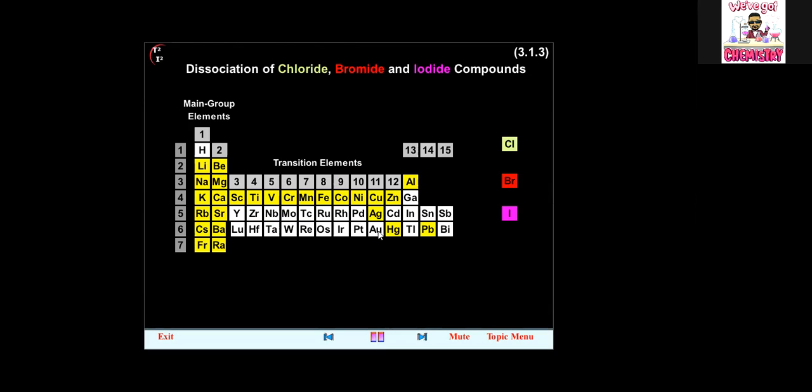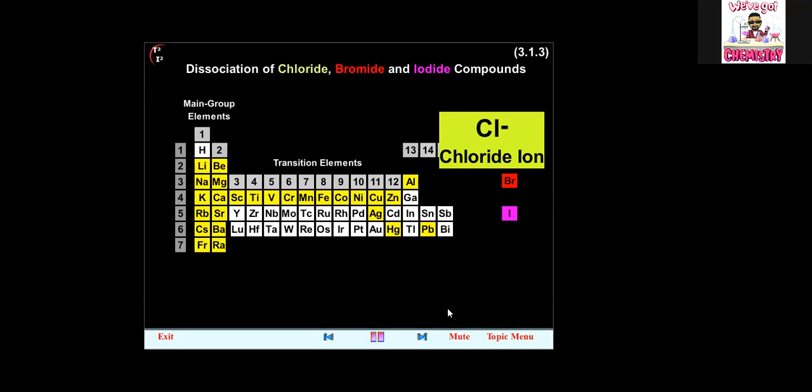Right, let me pick one of the transition metals again and see whether you still remember our solubility rules from the previous page. Picking silver, and let me add chlorine to it.